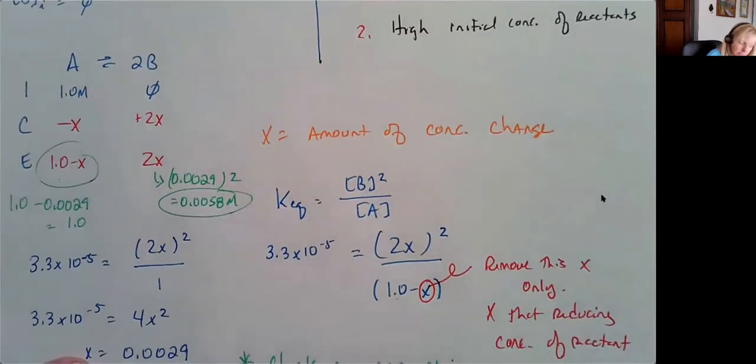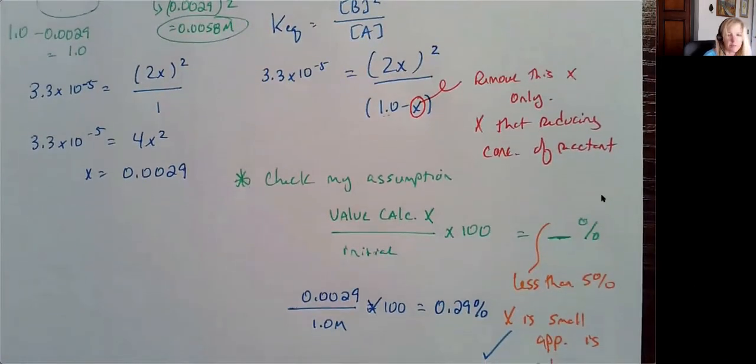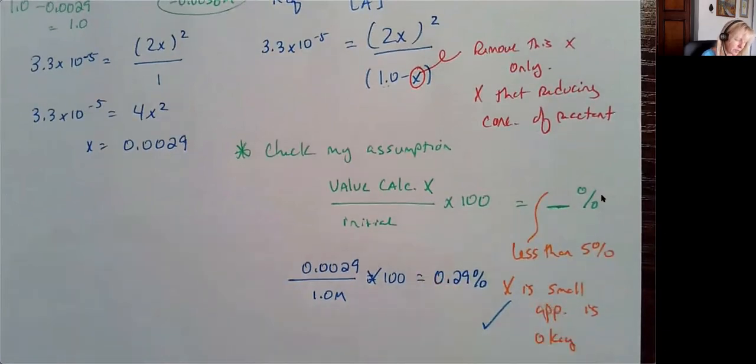The only place I can remove the x is here from where I'm subtracting it from the reactant. I can't remove the x here. And then I want to come back at the end and make sure I check my x small approximation, and I'm going to do that here.